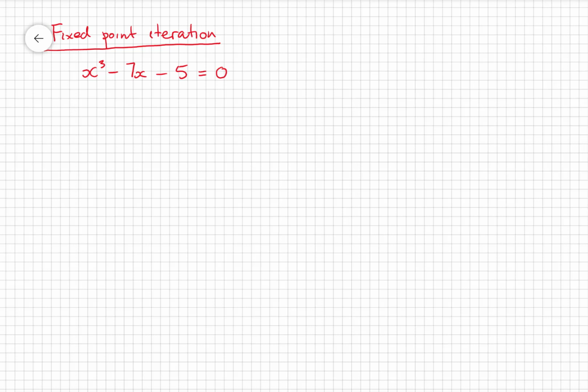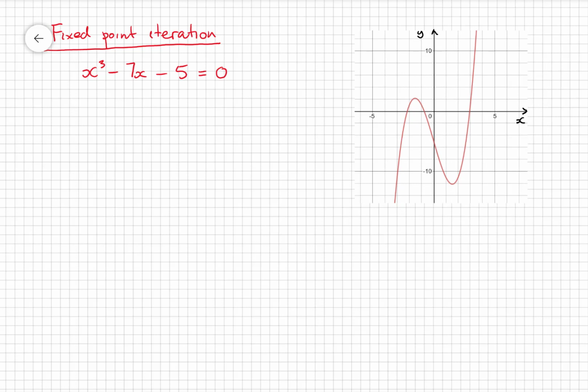The graph for the function y equals x cubed minus 7x minus 5 looks like this. And on that graph, the solutions are the points at which the graph cuts the x-axis.